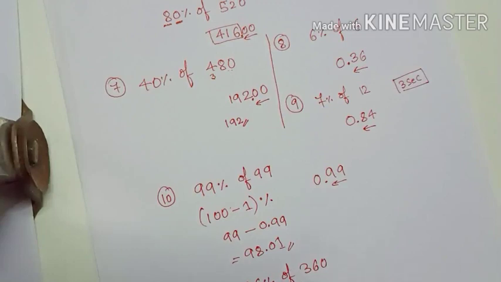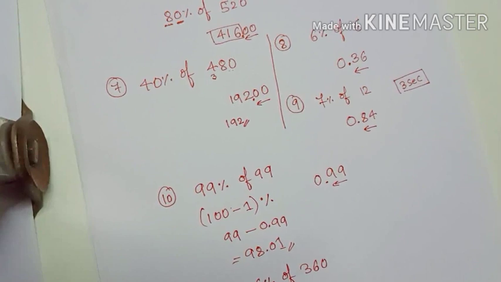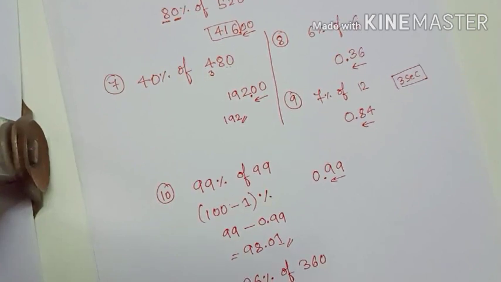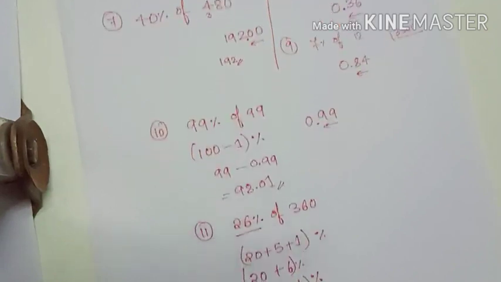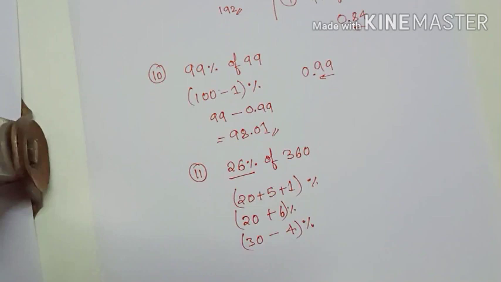See how I have to do this 26%, whether I go with 20% plus 5% plus 1%, or 20% plus 6%, or 30% minus 4%. Which one do I go with now? All the things I'm going to calculate are going to take more than 6 to 7 seconds, right? So which is the best?